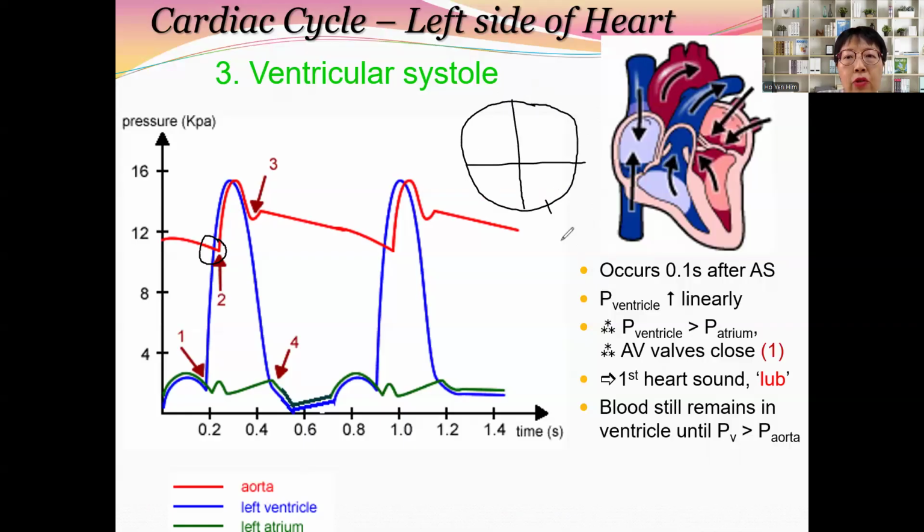The space in the ventricle and the space in aorta, they are connected already. So what is the pressure inside here? The blood flows in here will bring in the same pressure. So when this valve opens, whatever pressure you have here will be the same as this because both are connected. The pressure of the blood here comes from here. They are the same. So therefore, blue line, red line remains the same.